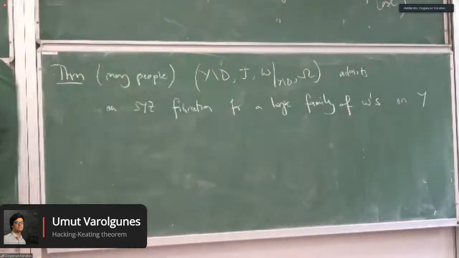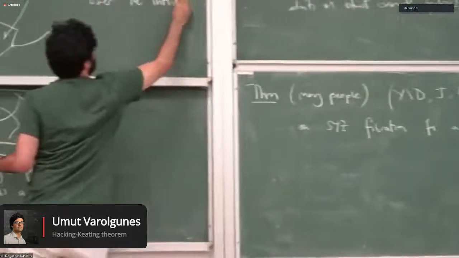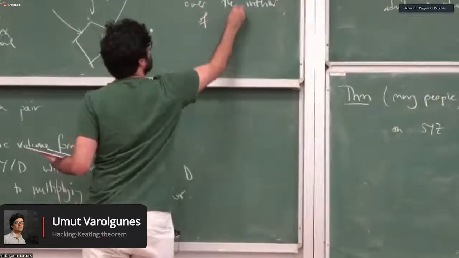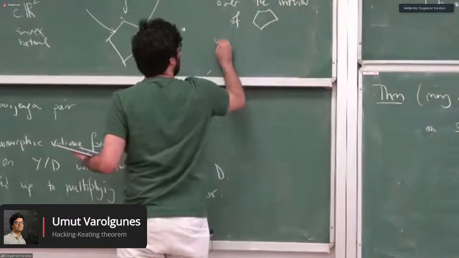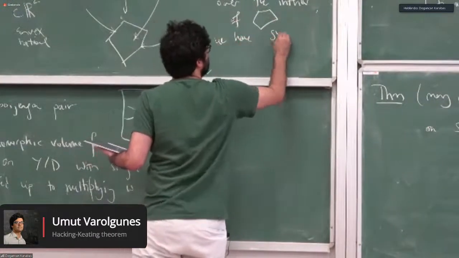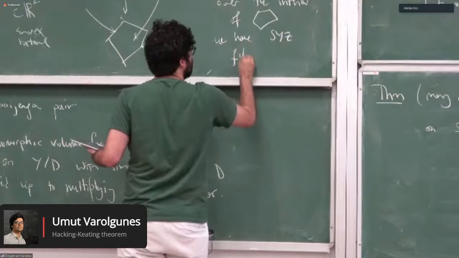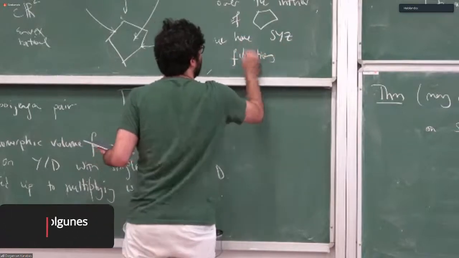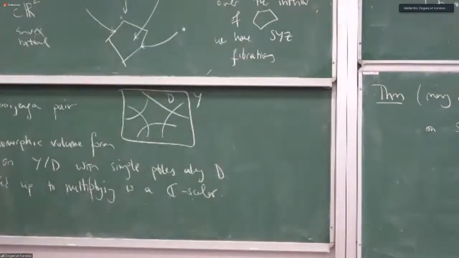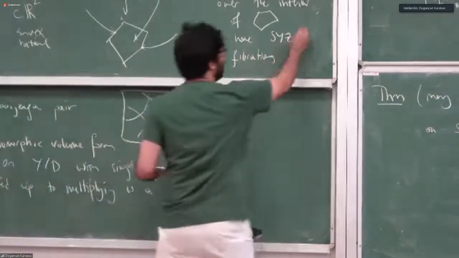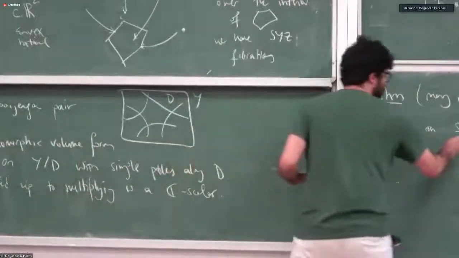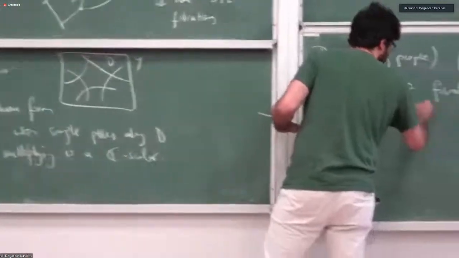And so let me give an example. So this thing over the interior of the polygon, we have an SYZ fibration here. Special SYZ is equal to saying special Lagrangian. I'll say quickly what it meant.